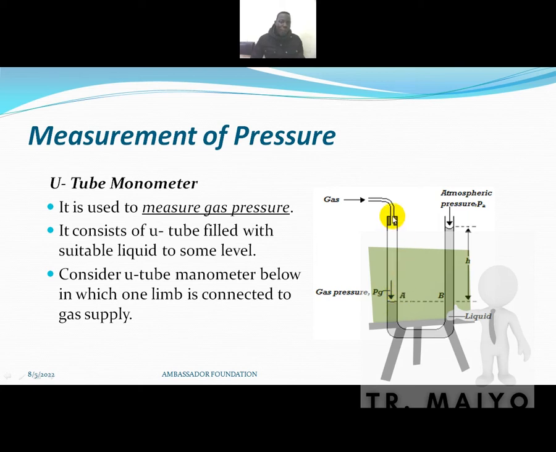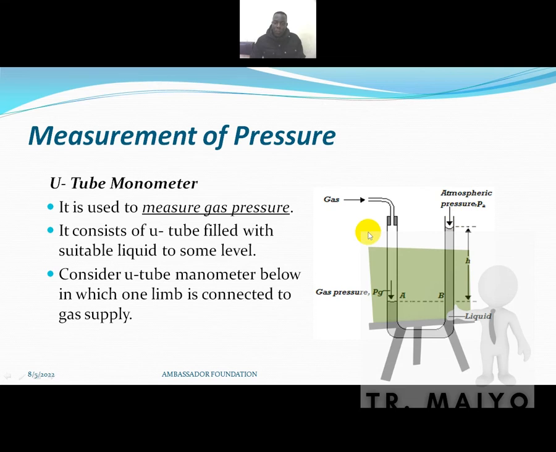So the pressure of the gas is rho GH. And if the upper part is open, this gas was not only pushing for this height H, but also pushing against the atmospheric pressure that was trying to push the liquid downwards. So if it is open, the gas pressure will be rho GH plus the atmospheric pressure.